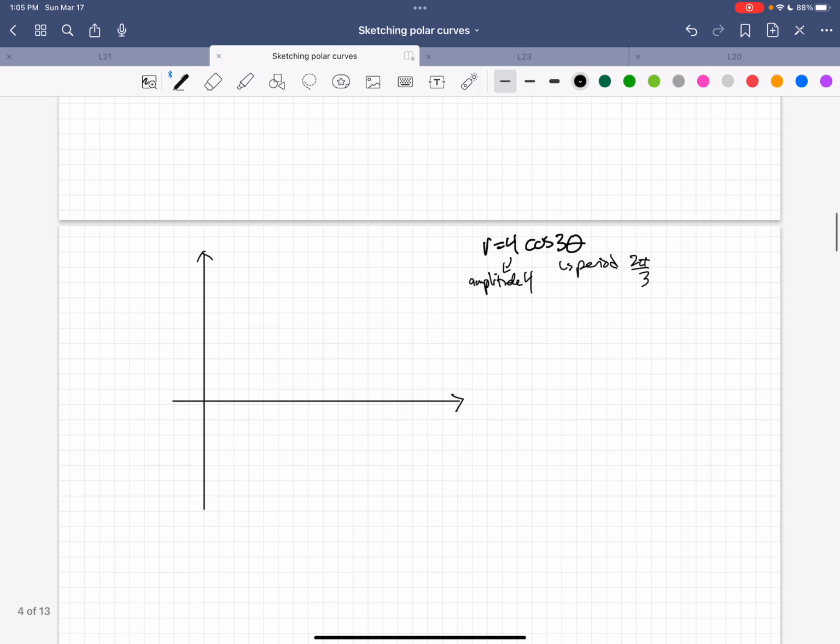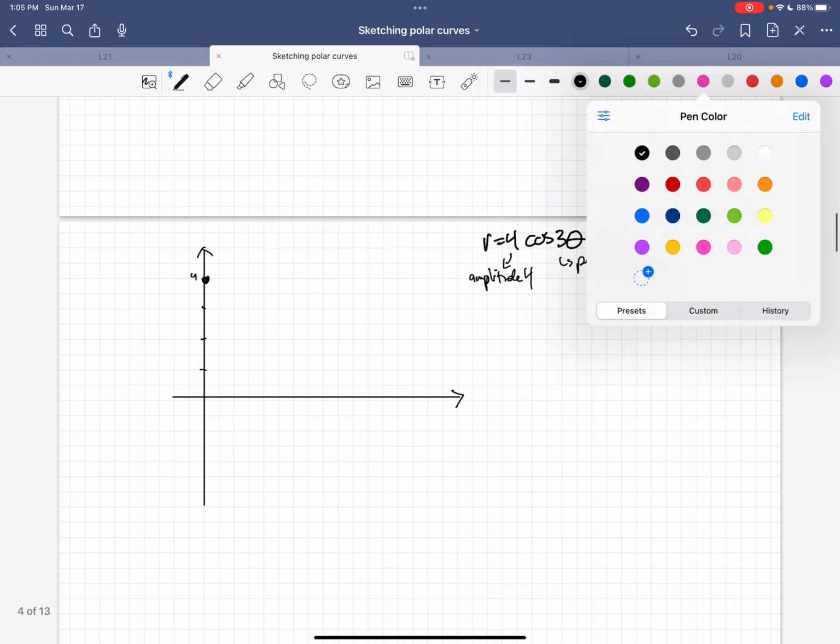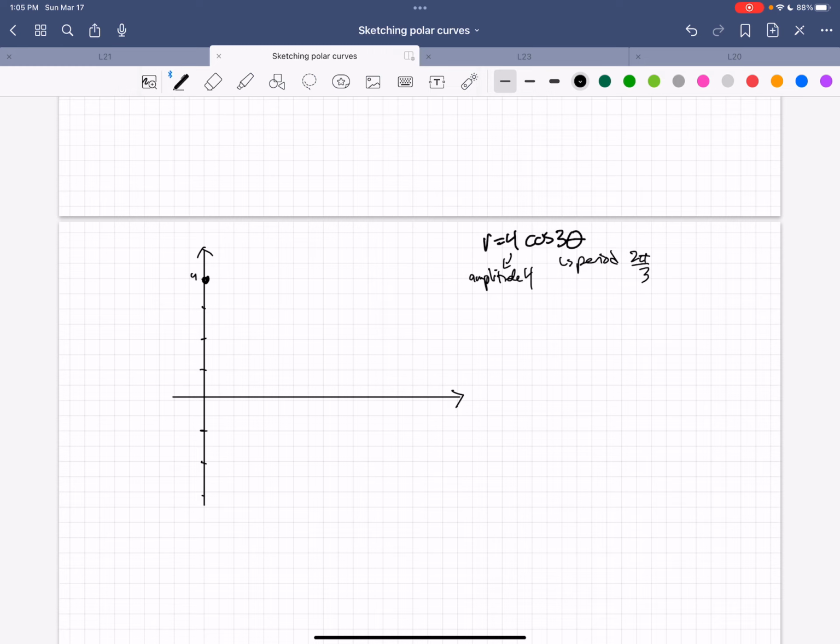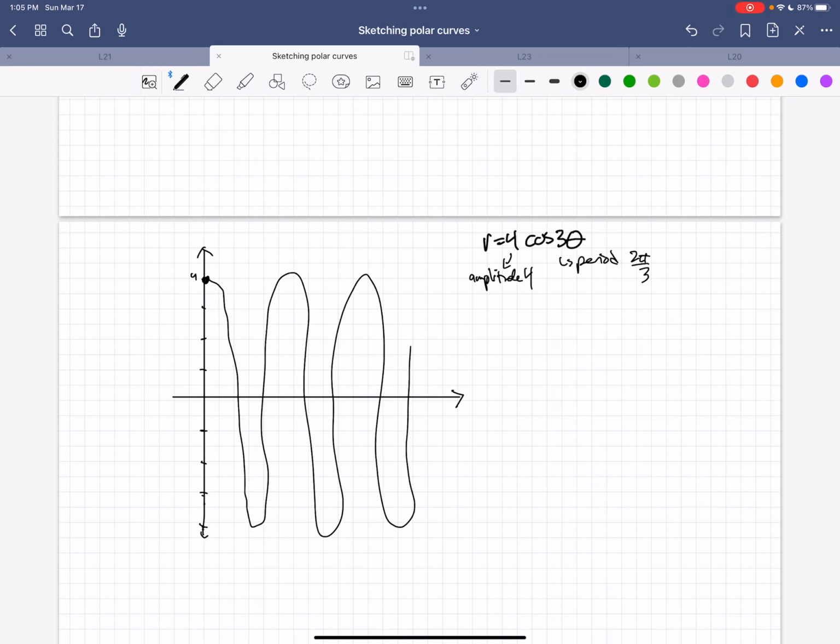So if we're just sketching this out like in normal rectangular coordinates, we'll start up here, go down, the lowest is there, and then 1, 2, 3. Oh, did I do too many? Oh, that's good.